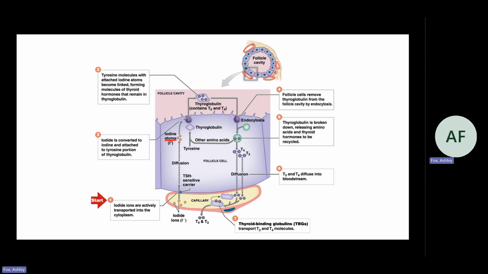Thyroglobulin, at least when it's in the follicles, goes back in. You break off the part that's the thyroglobulin and recycle it. Then T3 and T4 diffuse into the bloodstream and are carried by proteins. Don't need to worry about the binding proteins' names.